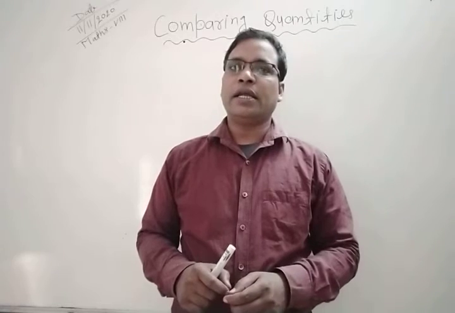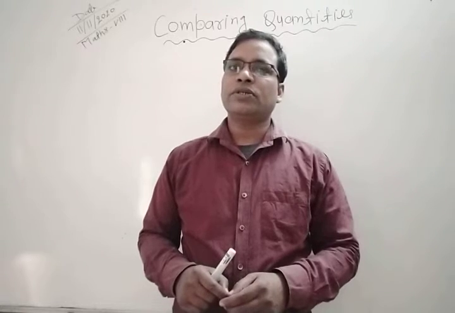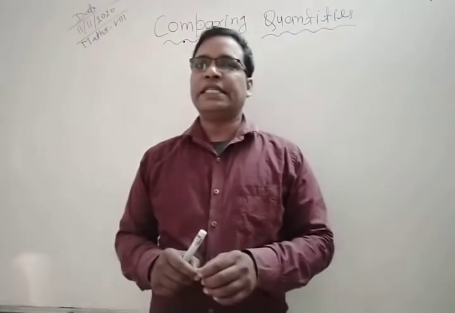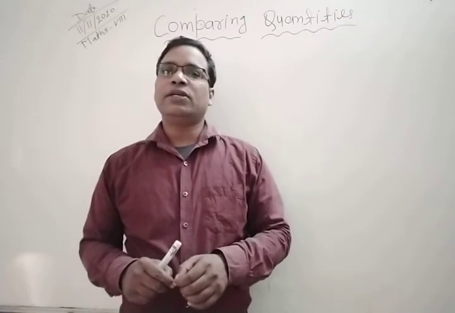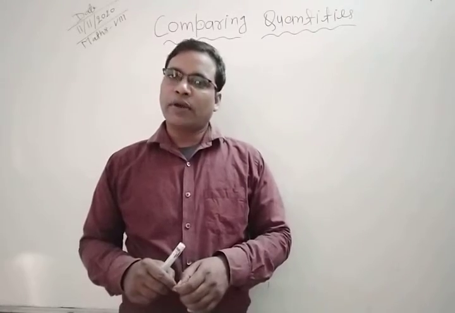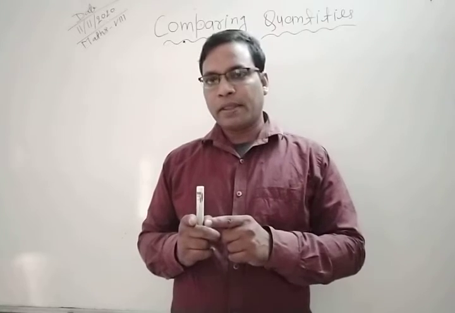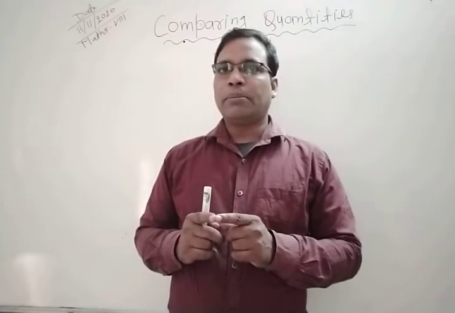compounded annually. Okay, so in these questions we need to find whether this interest would be more than the interest we would get if it was compounded annually. So first we find the amount in both ways. First we find the amount compounded half yearly.